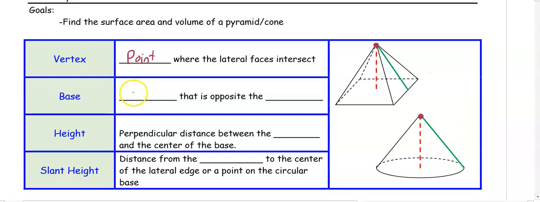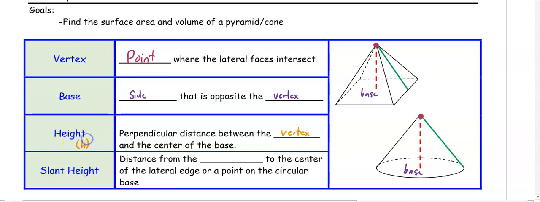The base is the side that is opposite the vertex. So this would be our base, and this would be our base. The height then is the perpendicular distance between the vertex and the center of the base.